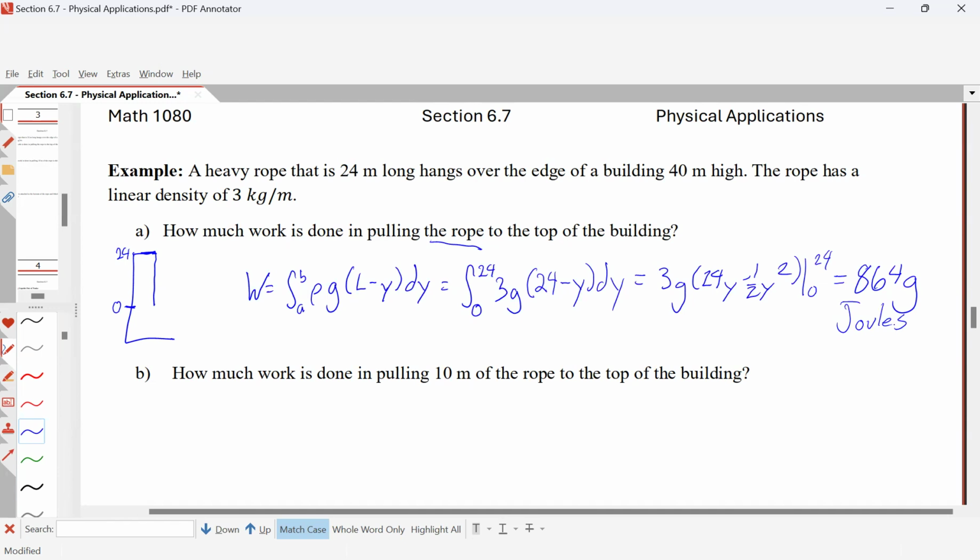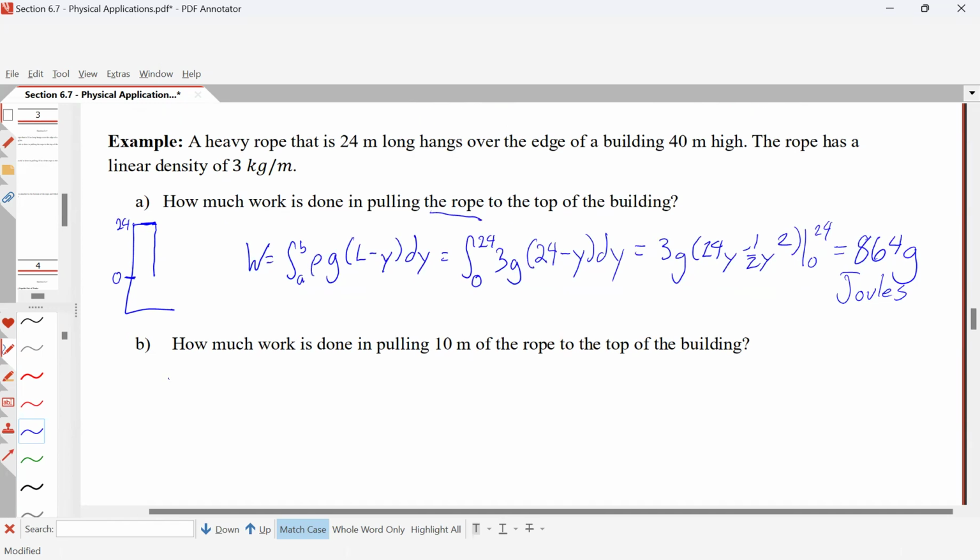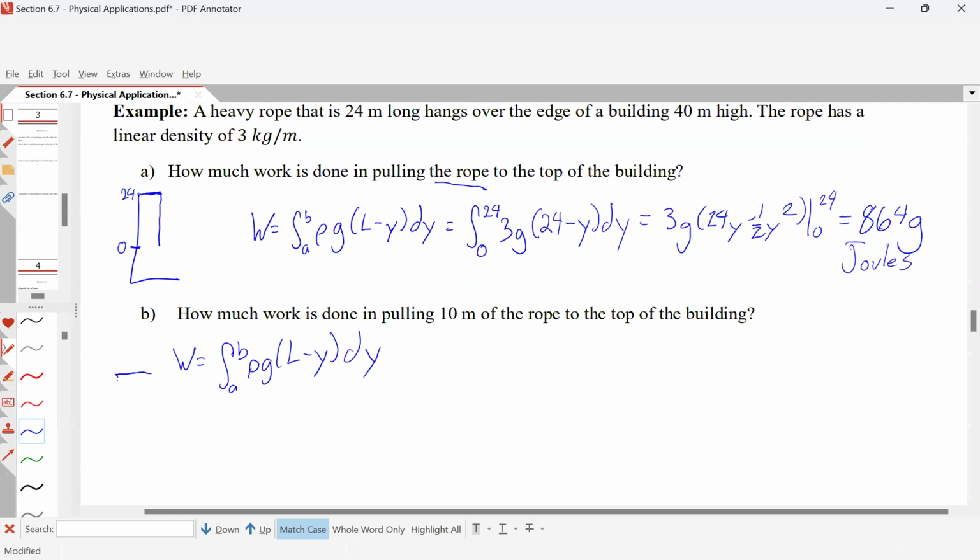Part B is, what if we're only doing 10 meters of the rope up to the top of the building? Well, work equals the integral from A to B, rho G L minus y dy of this rope from 0 to 24. And we're only pulling up 10 meters.